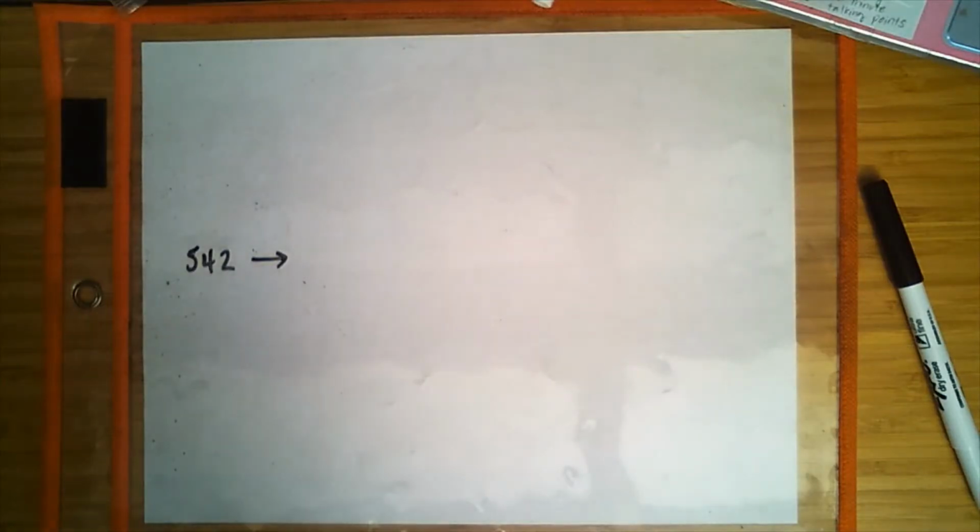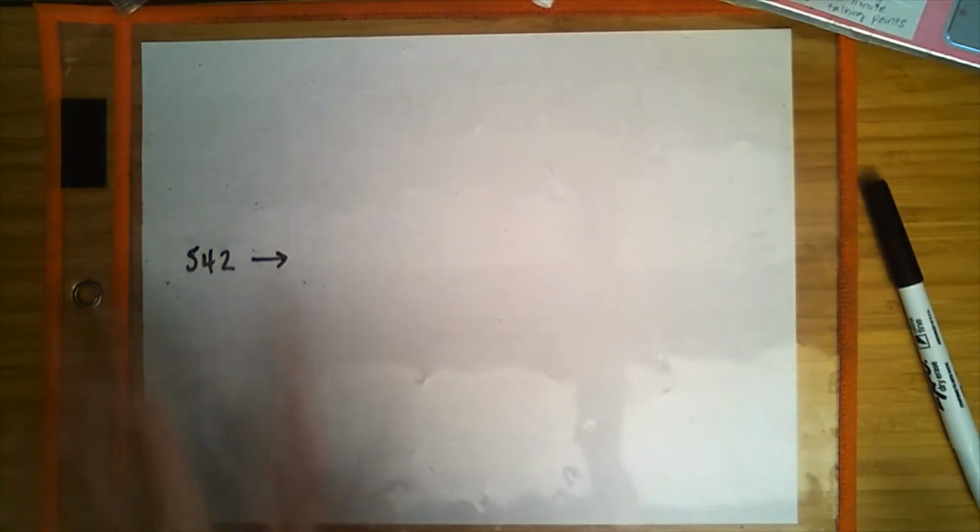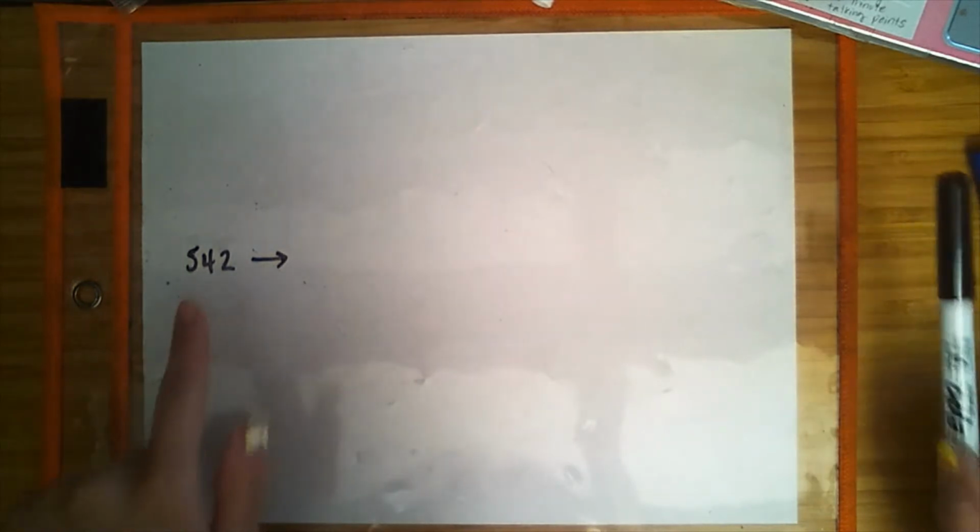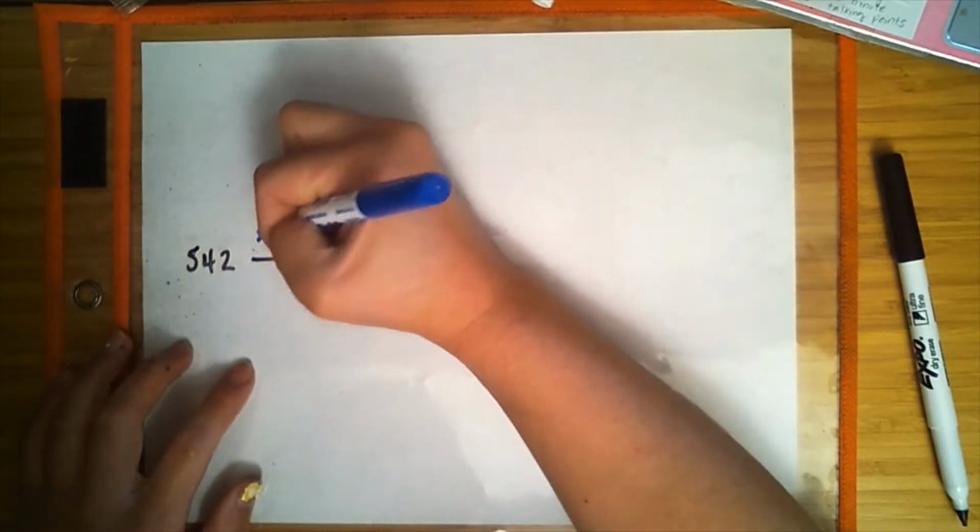Okay, friends and families, for the next part of this teacher model, we are going to be using the arrow way to look more closely at minus 10 or 10 less, 10 more, 100 more, and 100 less. Let's go ahead and begin, starting with 542. What's 542 plus 100?